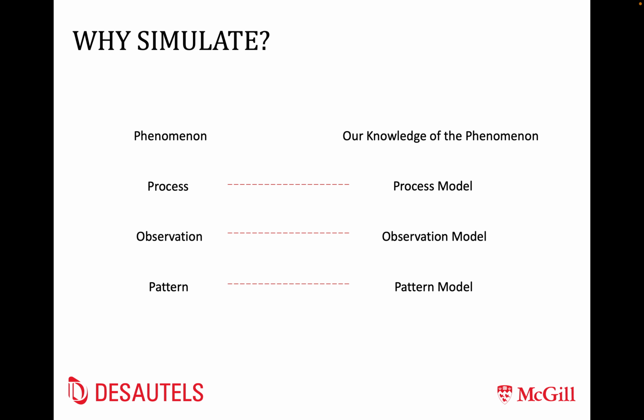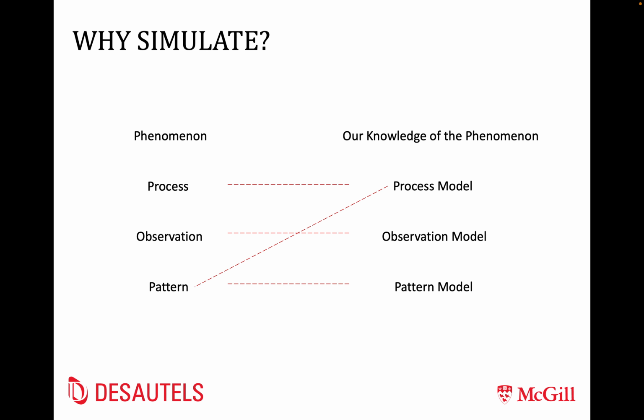So that's where we start trying to do computer simulations, where we build the logic of the process model into a computer simulation and see what that logic produces in terms of a pattern. And if that pattern produced by this simulation based on our process model looks anything like the pattern produced in the real world by the real process, then one can infer that our process model is something like the process that generated the pattern in real life.